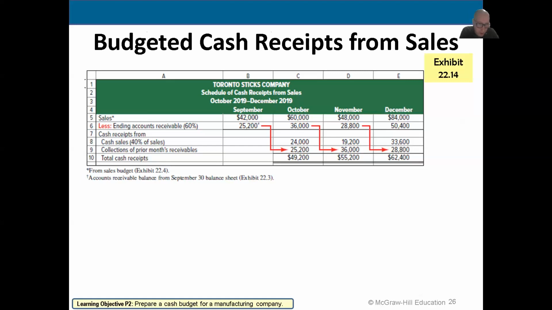Minus, so sales minus last month's accounts receivable equals receipt from cash, minus your cash sales, plus the collection from previous month receivables equals total cash receipts. And that's how we budget the amount of cash that we would expect to receive on a monthly basis.